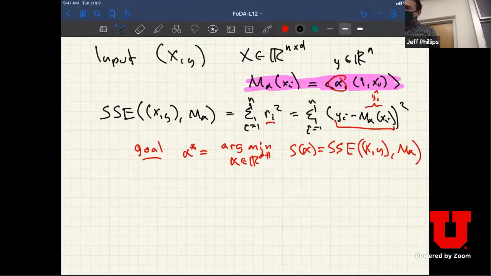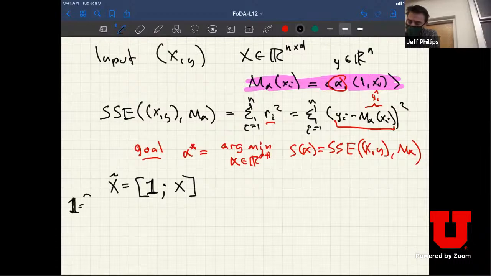Okay. And so in order to do this, the first step is to create this X tilde matrix, which is the matrix X where I'm prepending a column of all ones.